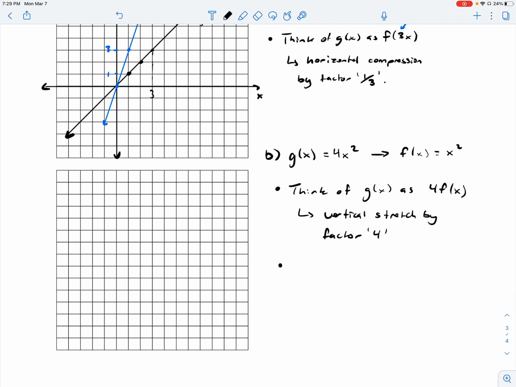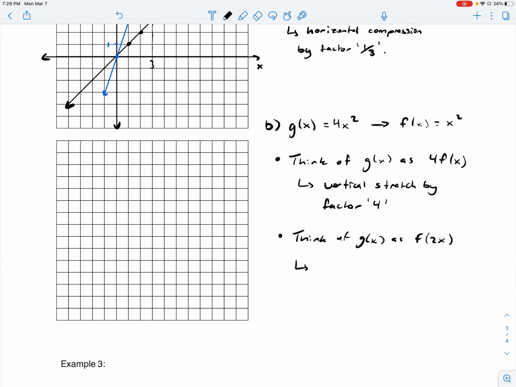And then the other way to look at this, we could actually see it as a horizontal compression. So if you think of g of x as f of 2x, then that would indicate a horizontal compression by a factor of half.